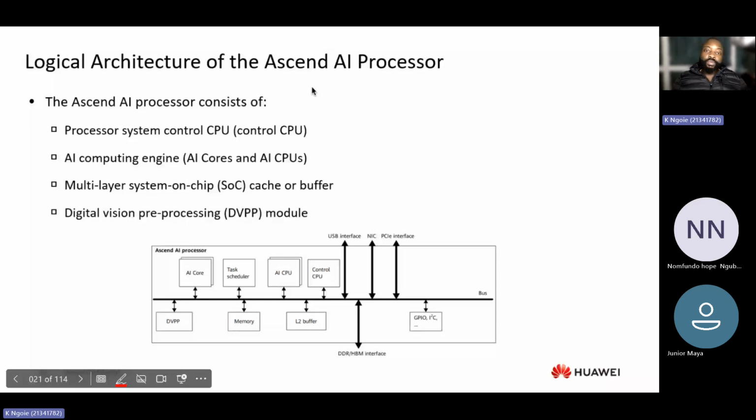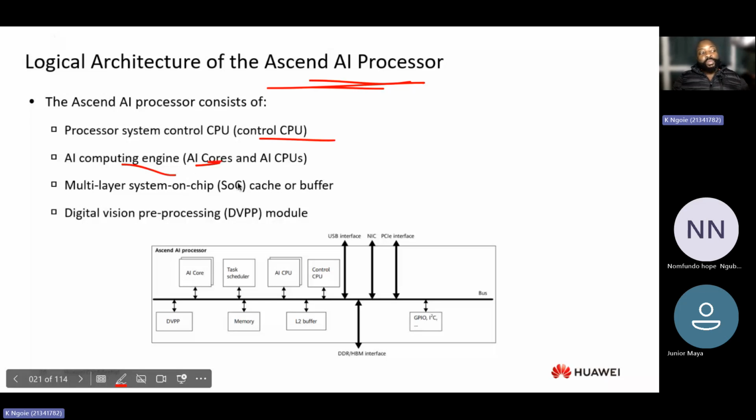Now, as we're looking at the Ascend processors, which are AI accelerators, these are built in a certain architecture. The Ascend processor will have a CPU, which is the system control CPU. And then it will have an AI computing engine, which we'll call the AI core.